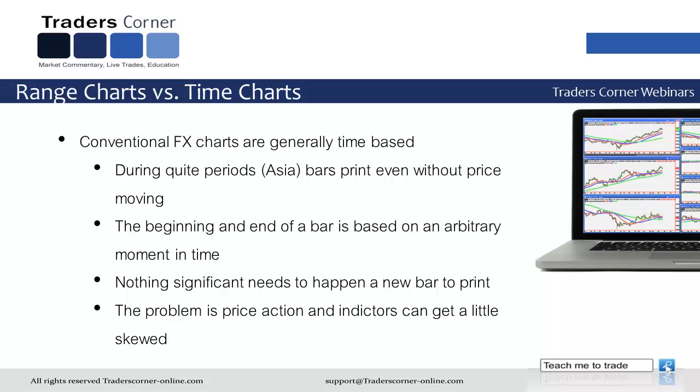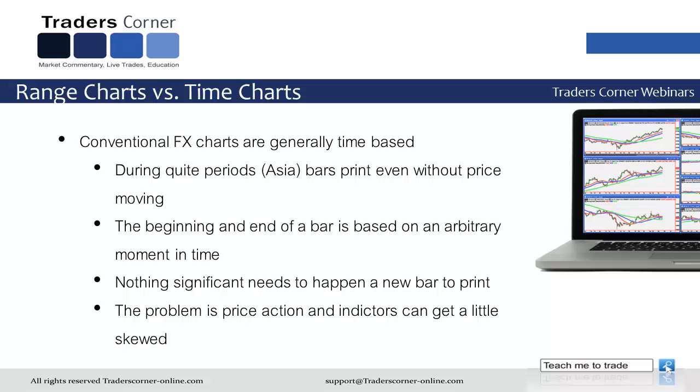Now, what's the problem with a time-based chart? Well, first of all, during quiet periods like the Asian sessions, bars print without price having to do all that much. Nothing significant needs to happen for a new candle to be printed. If you're on a 5-minute chart, it will go from 4 minutes and 59 seconds to 5 minutes, and suddenly a new bar's been printed.